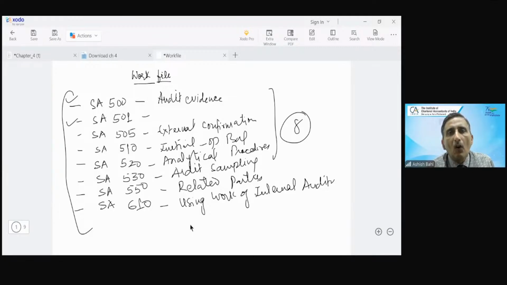Or you are attending physical inventory count in respect of inventories. So what is the aim of all these procedures?